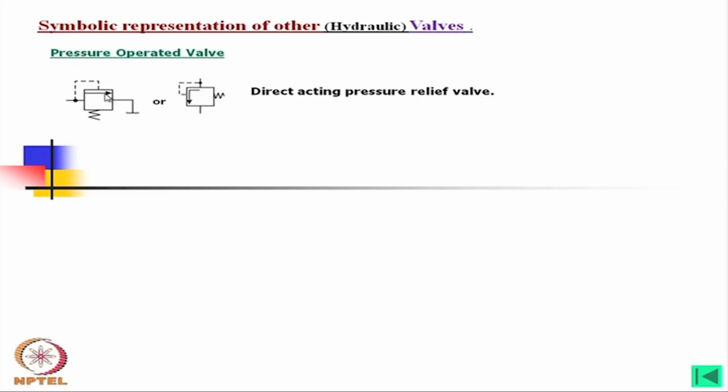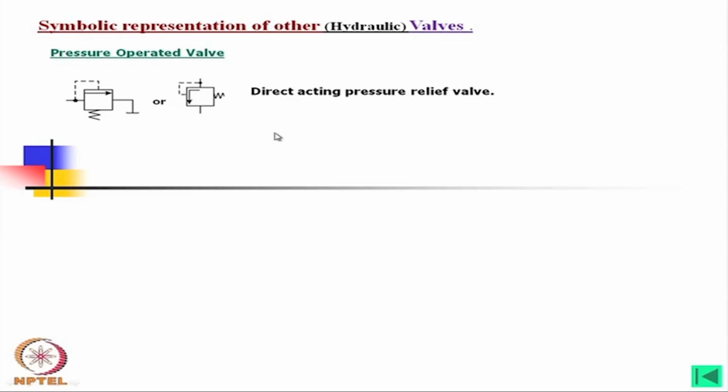This is direct acting, meaning the pressure directly pressurizes this poppet to open this one when it crosses the pressure limit. It might be of this symbol. In fact, if you look into the pressure relief valve symbols, many other symbols are also used.